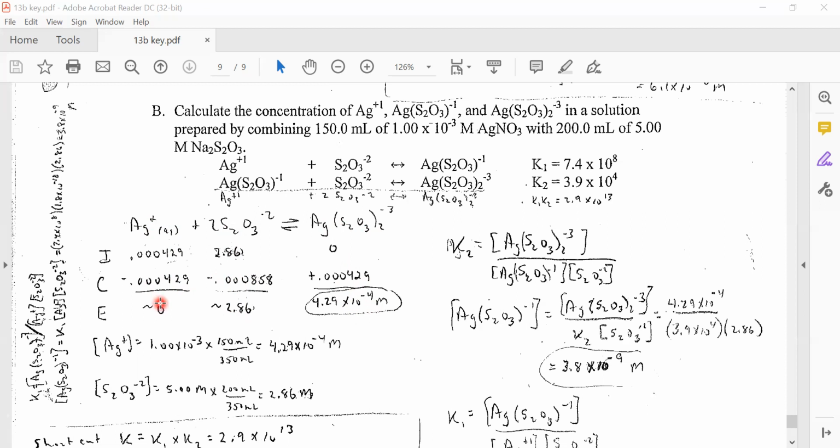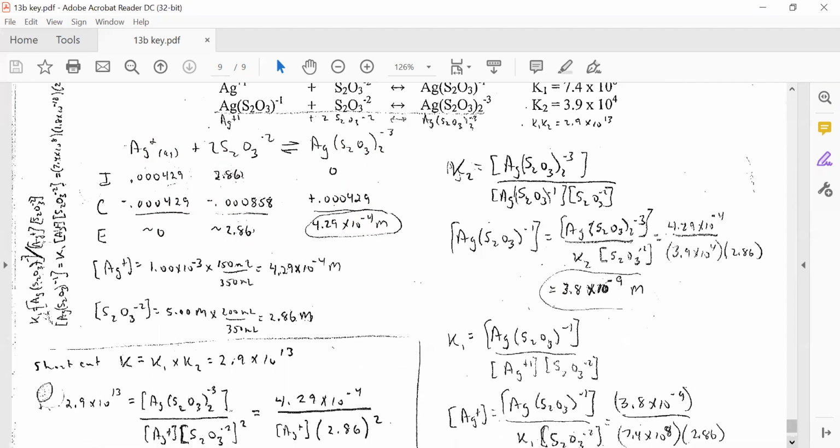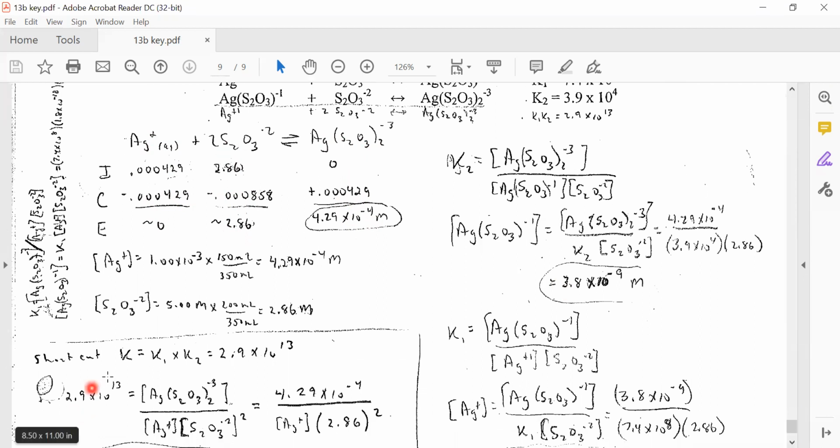What about the concentration of Ag? You're going to do that same shortcut that we used before, and that's probably the other one that you could be asked here. I take that K value, which is 2 times 10 to the negative 13th, and I look at the overall equilibrium constant, which is Ag(S2O3)2 over Ag and S2O3 squared here.